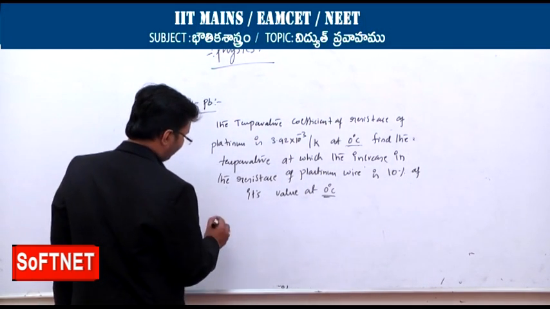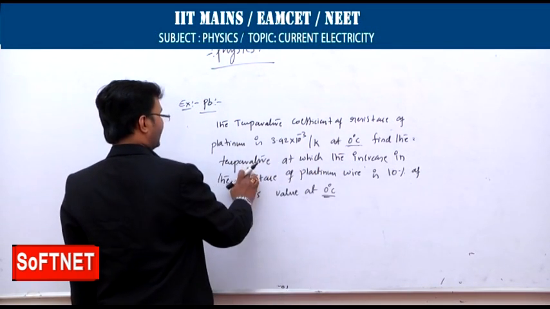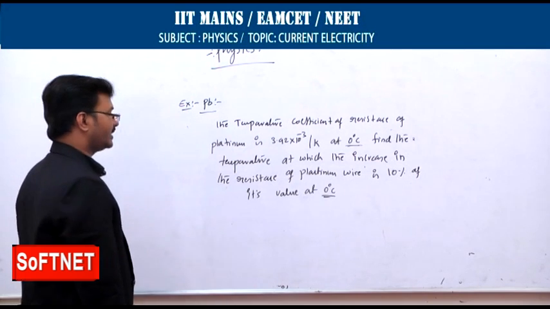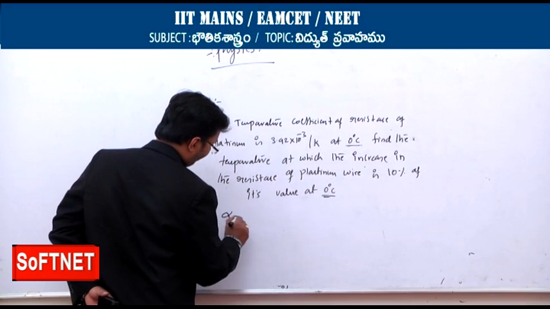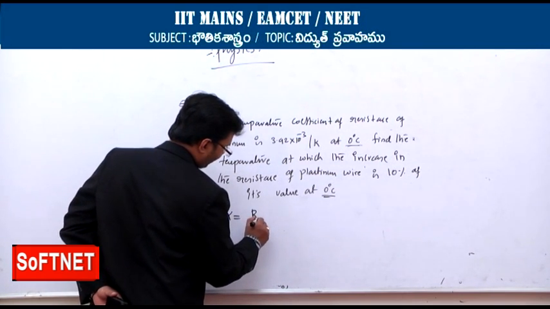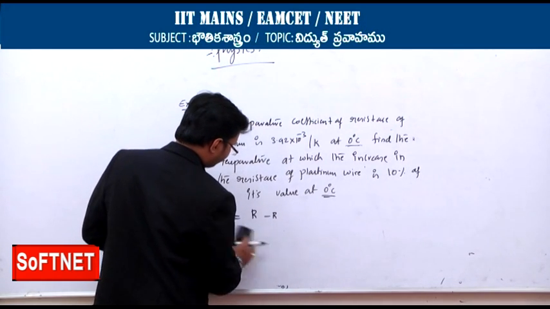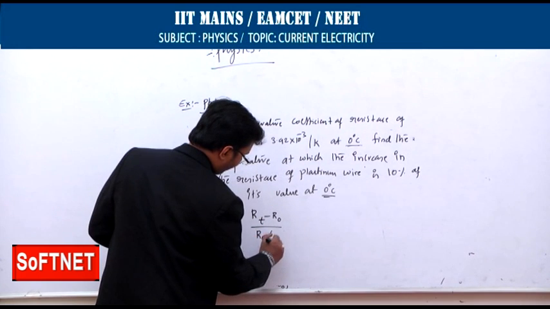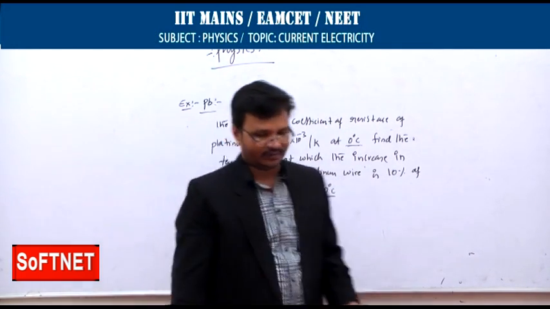Now we need to find the temperature at which the increase in resistance of platinum wire is 10% of its value at 0 degree. We have the formula alpha is equal to (R100 minus R0), otherwise (RT minus R0), by R0 of (T2 minus T1).